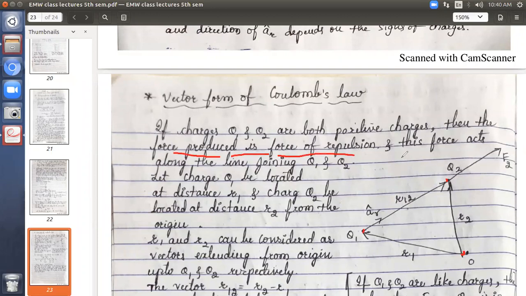We know this. And this force acts along the line joining Q1 and Q2. So don't think that the direction is somewhere here or somewhere here. The line joining is these two, so the force will be like this.